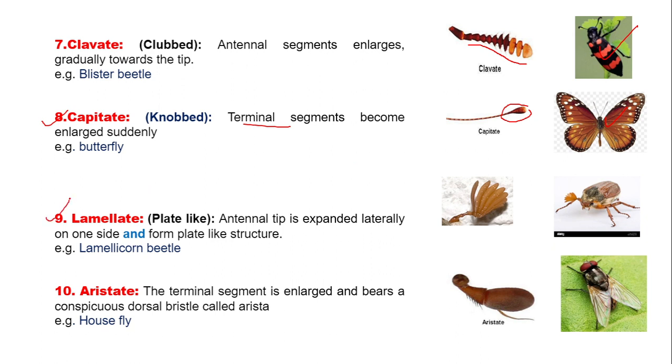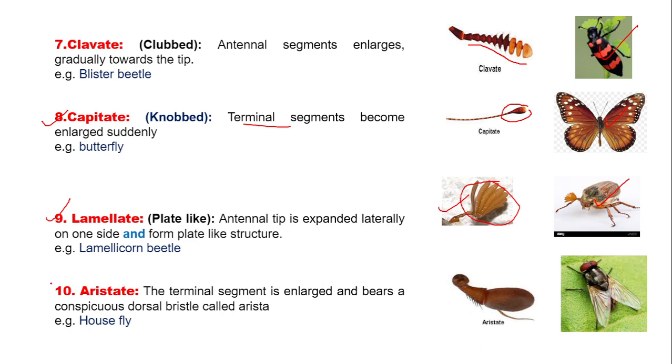Lamellate or plate-like antenna. In this type of antenna, the antennal tip is expanded laterally on one side and forms a plate-like structure. See here, plate-like structure. Lamellate antenna is found in lamellicorn beetle.